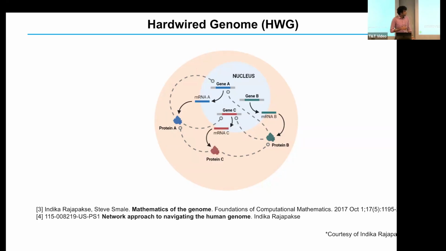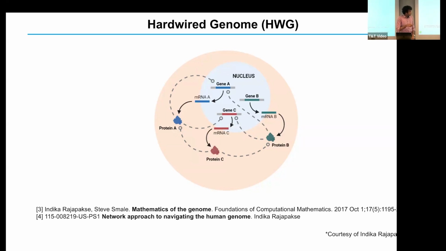Here there are three different categories of transcription factors or proteins. Gene A transcribes for protein A, which can localize back to the nucleus and regulate itself. So this gene codes for a protein that can regulate itself.